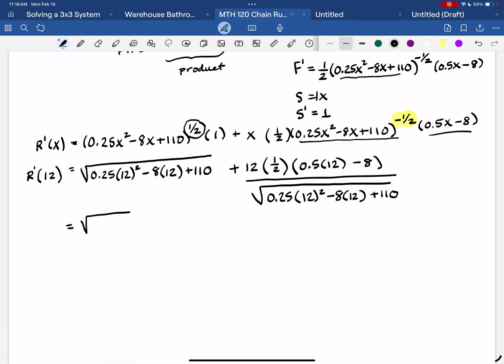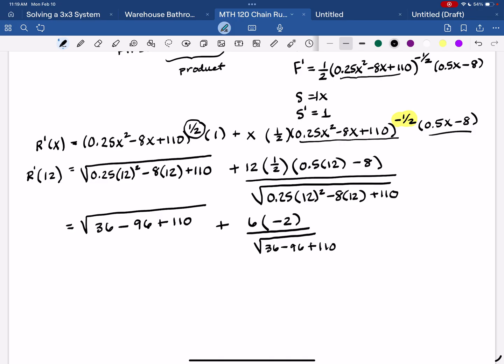So it's going to be the square root of 36 minus 96 plus 110 plus, now I'm going to do this top part, 12 times 1/2 is a 6, and then 0.5 times 12 is 6 minus 8. 6 minus 8 is going to be a negative 2, and all of that is over the square root of, it's going to be the same as 36 minus 96 plus 110.